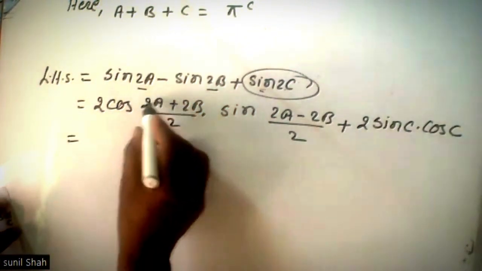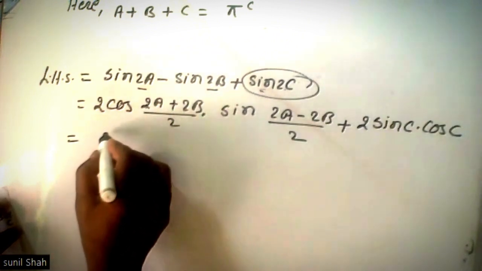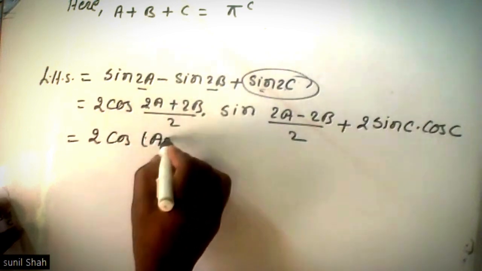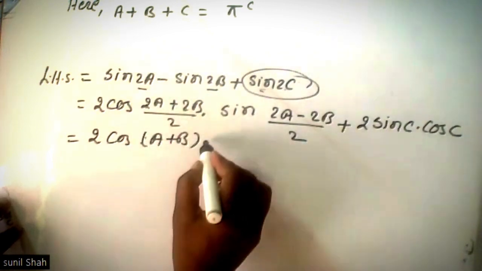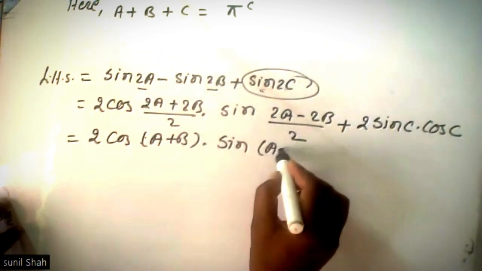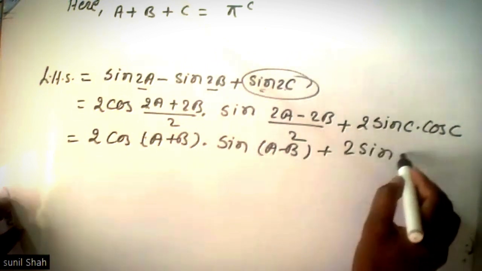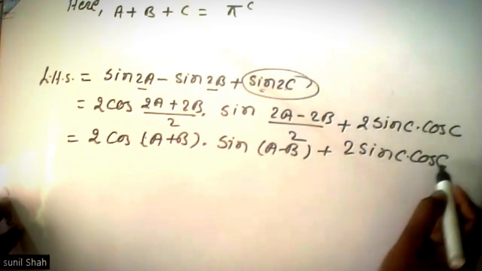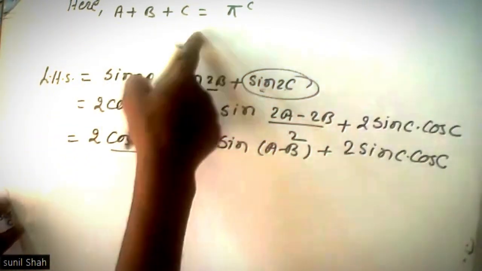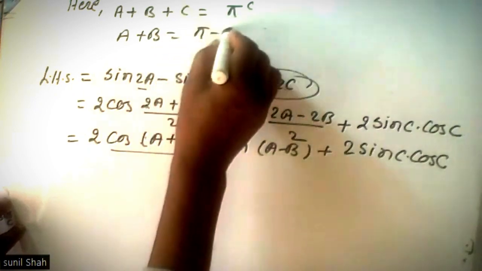Now take 2 common from this, and then cancel this by 2. So this will be cos (a plus b), put bracket here, into sin (a minus b), plus 2 sin c into cos c. Now convert this a plus b using cos and using given things. Given component is a plus b is equal to pi minus c.